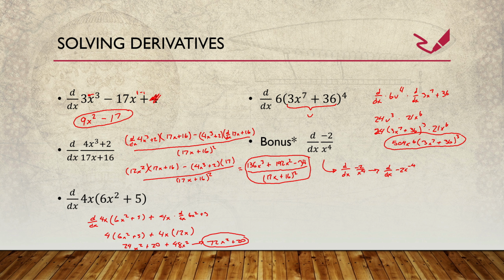So once we do the derivative, we just use the power rule. So negative 2 times negative 4 is 8, and then you have to subtract 1, which is x to the negative 5, right? So our final answer, if you want to put it in this notation, you would have 8 all over x to the power 5. And that would be the answer for that one.